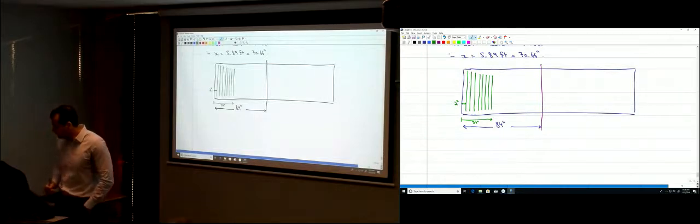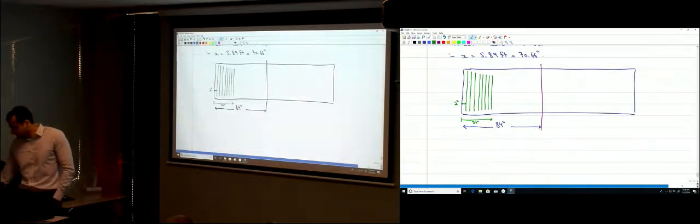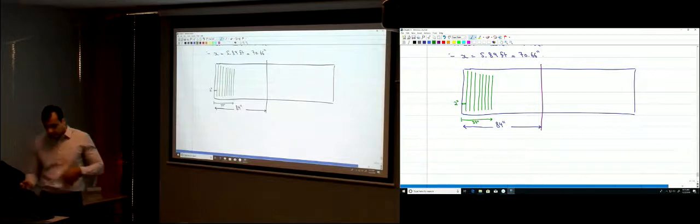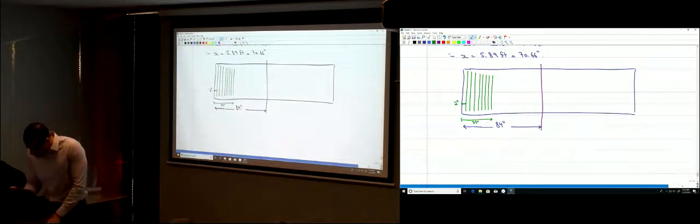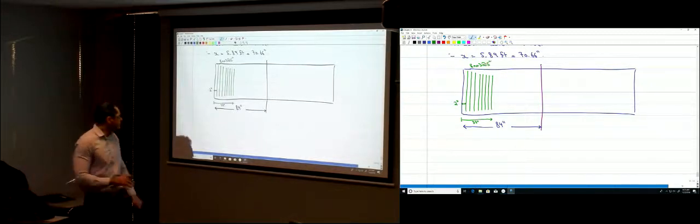So I provided 8 stirrups here. So those are 8 stirrups at 5 inches. Or to write it, 8 number 3 stirrups at 5 inches. So I have 8 stirrups here.